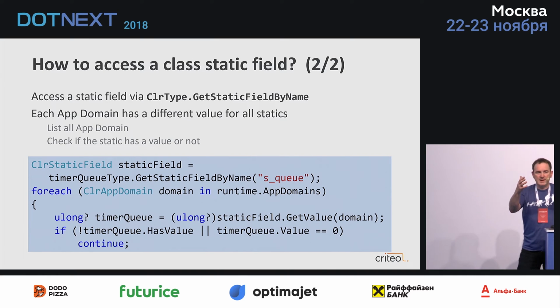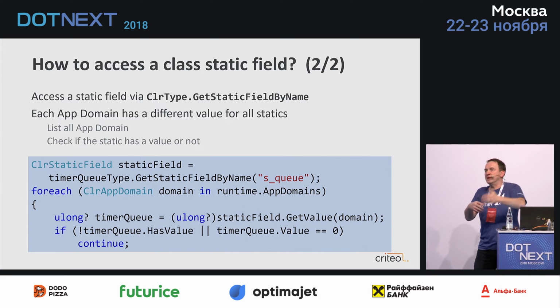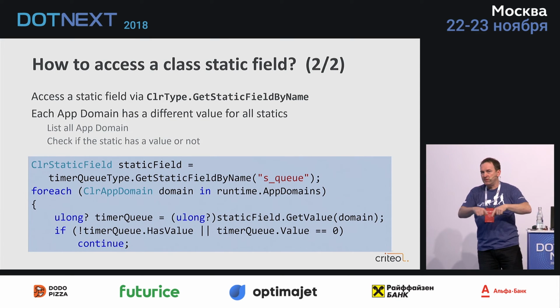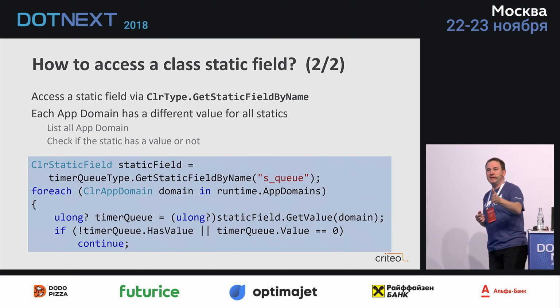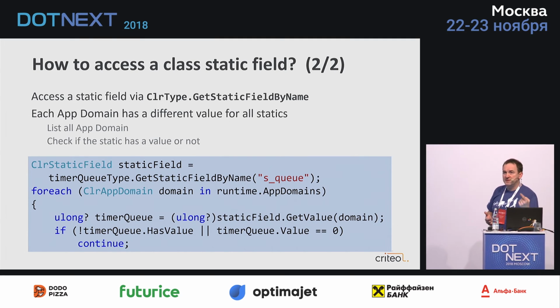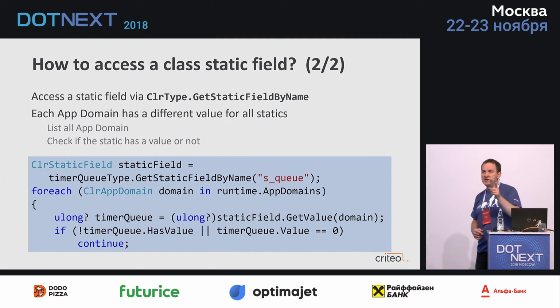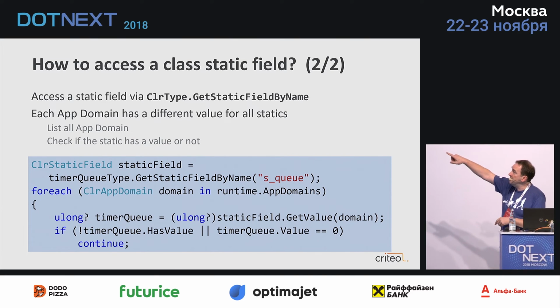You can imagine an app domain is like a container in which one application is running inside one Win32 process. One of the rules is that each app domain might use a type with a static field, and the value of the static field is different between each and every app domain. So you need to first list the app domains.